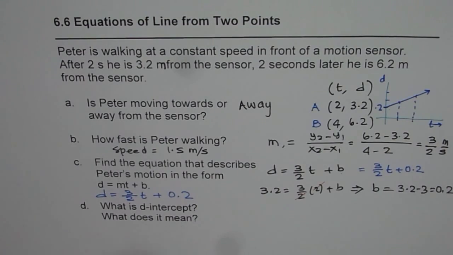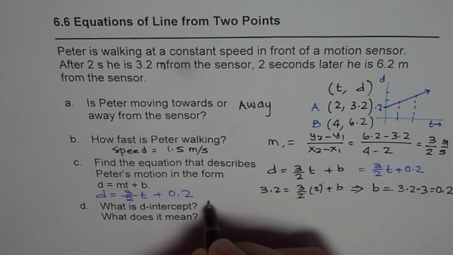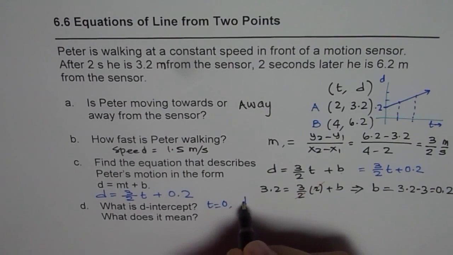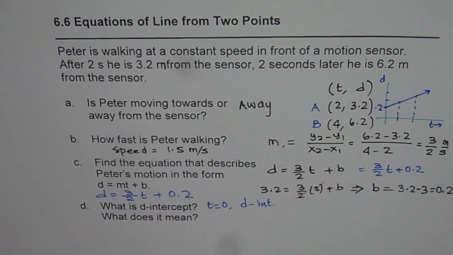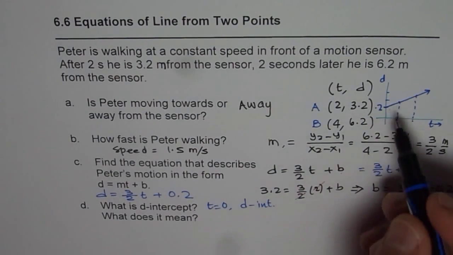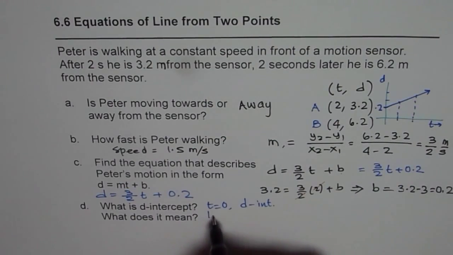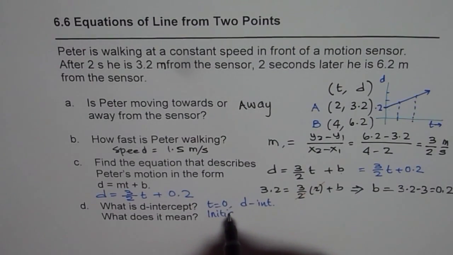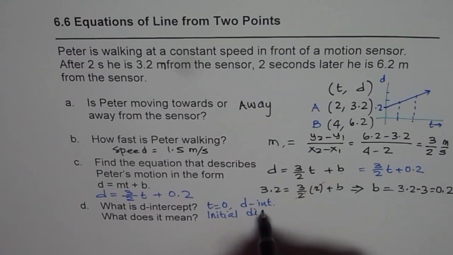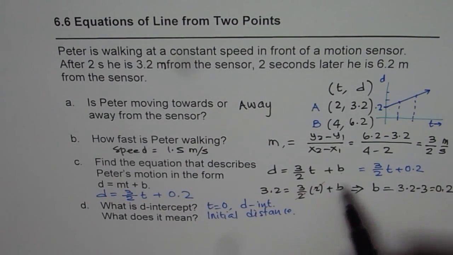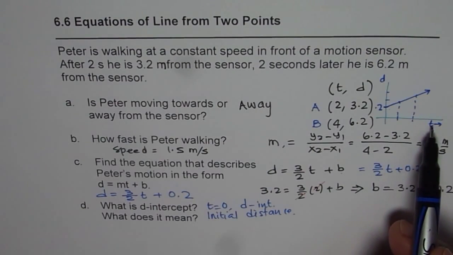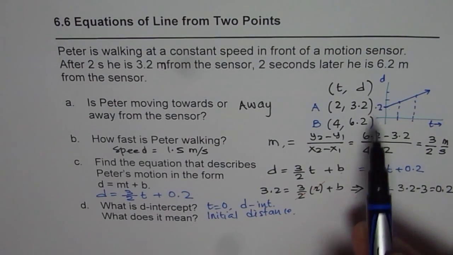The d-intercept is when time t equals 0, right? t equals 0 gives you the d-intercept. What does it mean? It gives you the starting point. So we can say starting point, or initial value, initial distance, or we can say how far Peter was at t equals 0 from the sensor. Do you see?